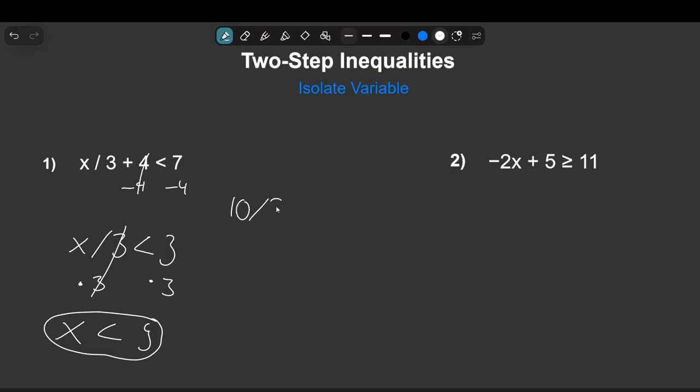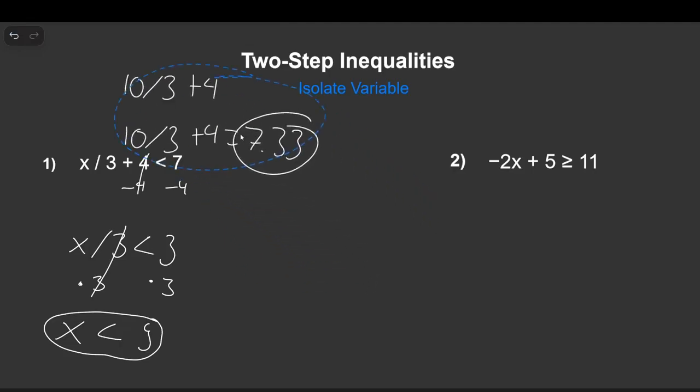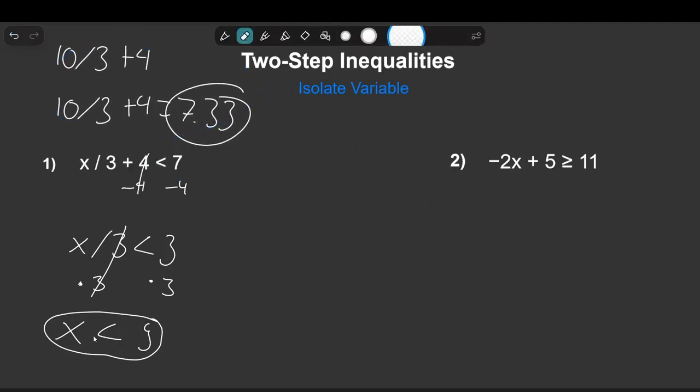So 10 divided by 3 plus 4 equals 7.33, and this shows that it is higher than 7 when we would have to have a number lower than 7. So this shows us that our answer of x is less than 9 is correct.